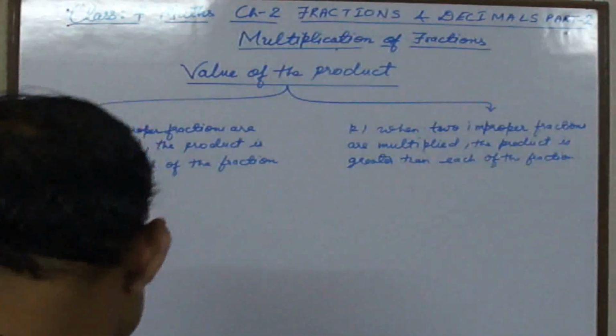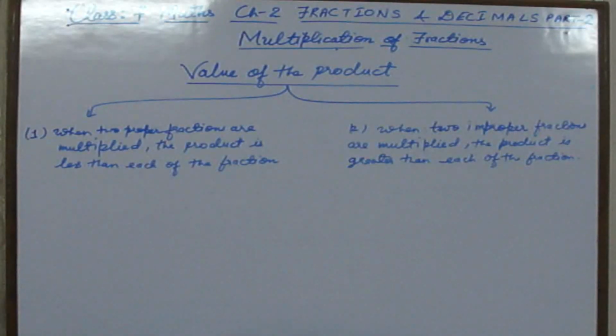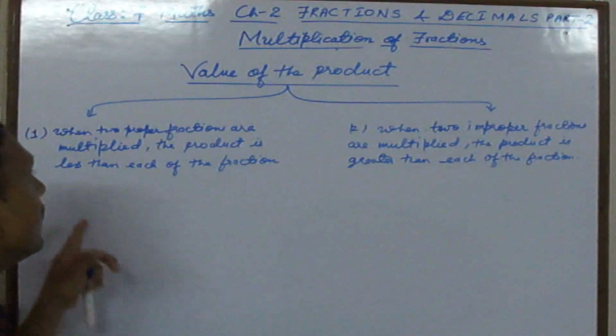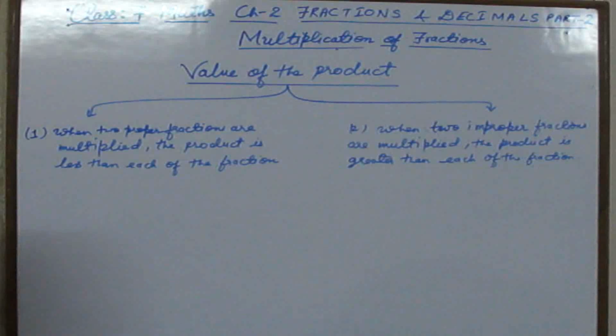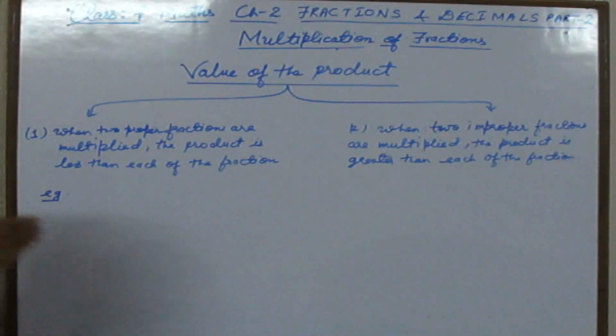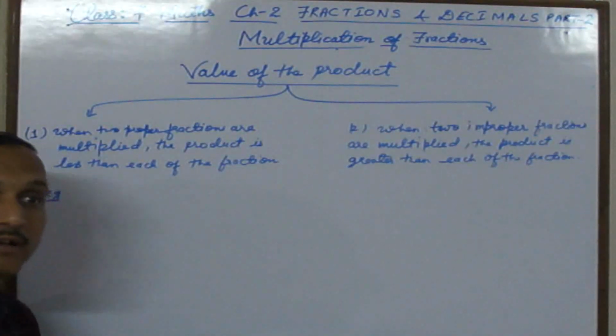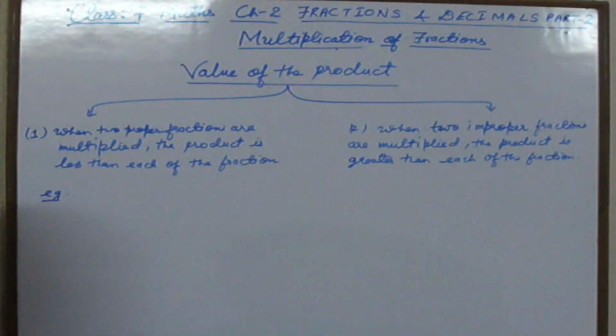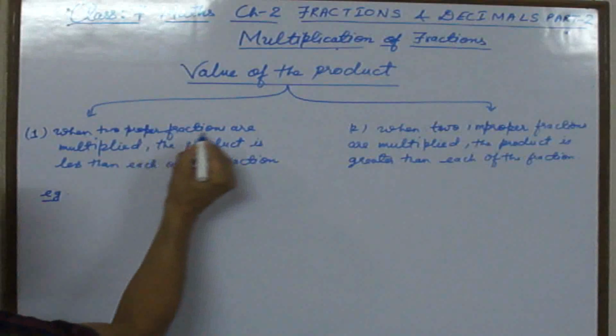Now let's see how to find the value of the product. First case, when two proper fractions are multiplied. So let's take two proper fractions. What are proper fractions? We already studied, those in which the numerator is less than the denominator.